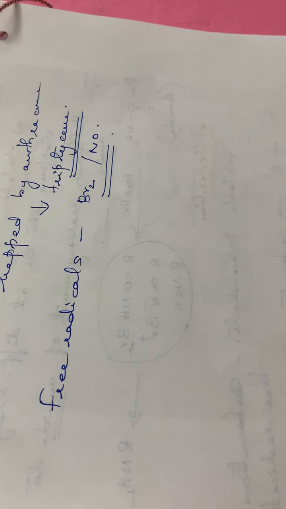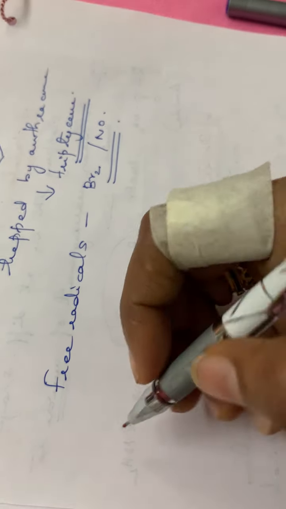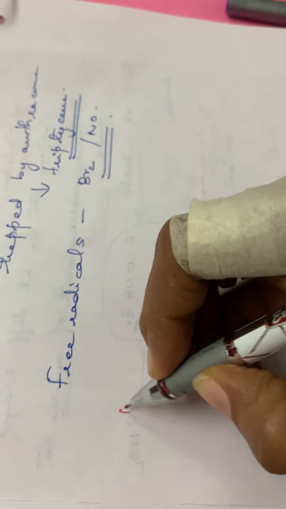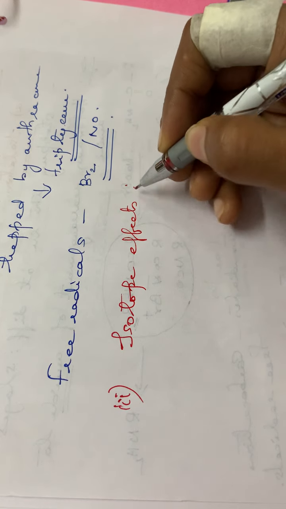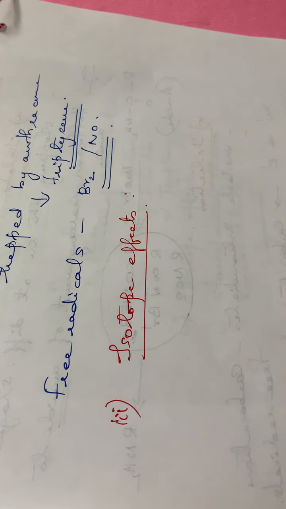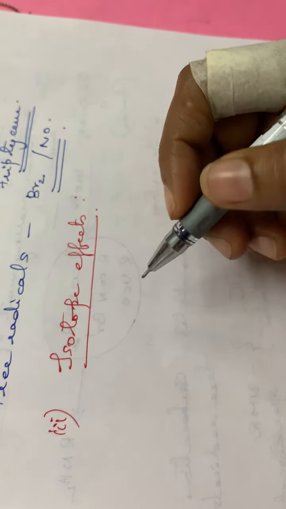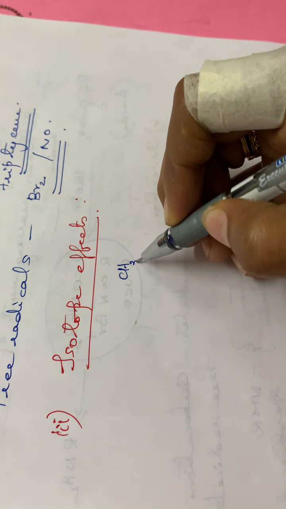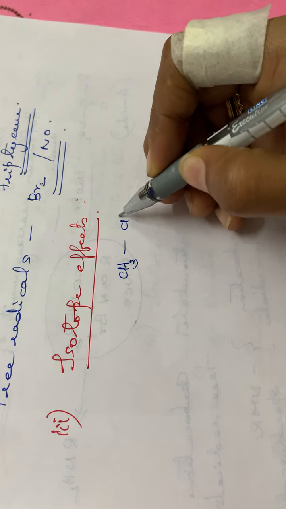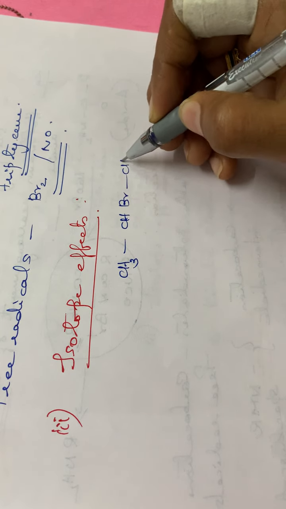Then the next one, that is the isotope effects. Major number 3, that is isotope effects. See here, isotope effect means normally, suppose I am taking this particular compound CH3, CHBr, CH3.